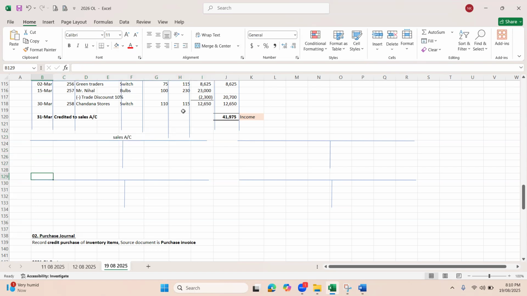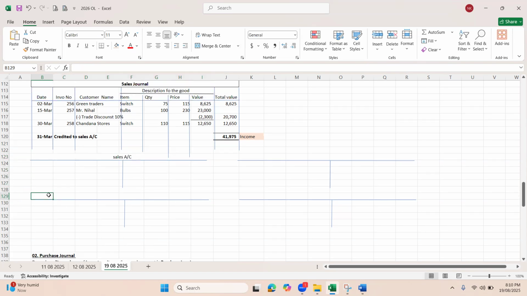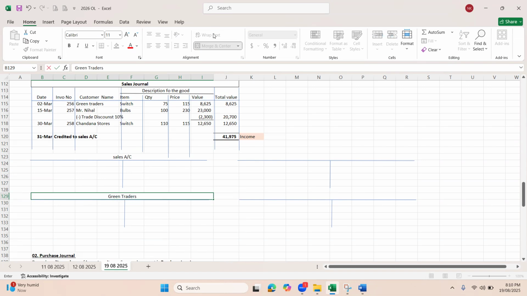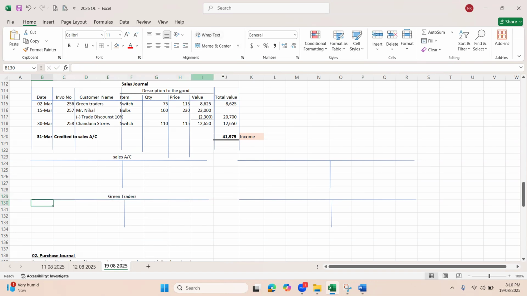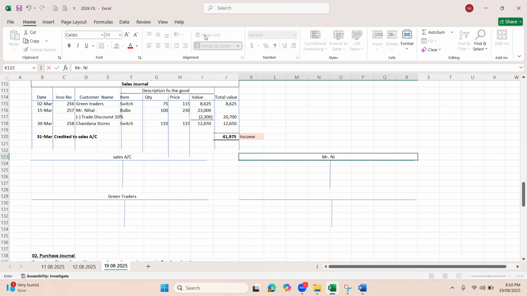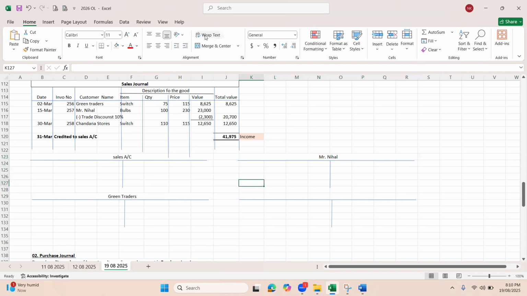Then we need Green Traders, then Mr. Nihal, then Chandana stores.